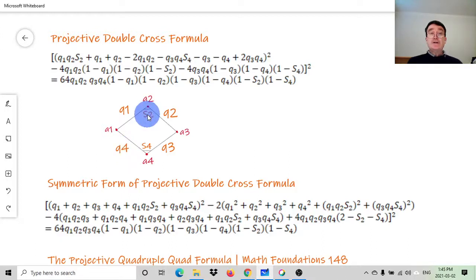This is the relation that is satisfied, and it's called the projective double cross formula. And down here is the more symmetric form of it. And again, if you set the spreads to 0, then these equations turn into the projective quadruple quad formulas.